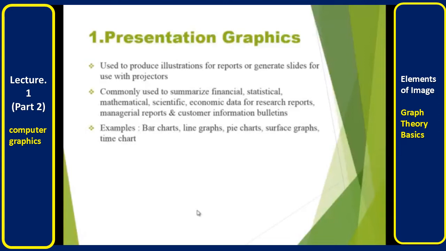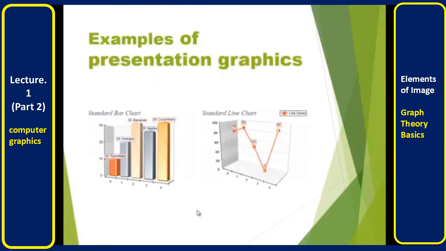And we commonly use presentations to summarize financial, statistical, mathematical, scientific, economic data for research projects, managerial reports, and customer information bulletins. For example, the standard bar chart and the standard line chart, here we use it.